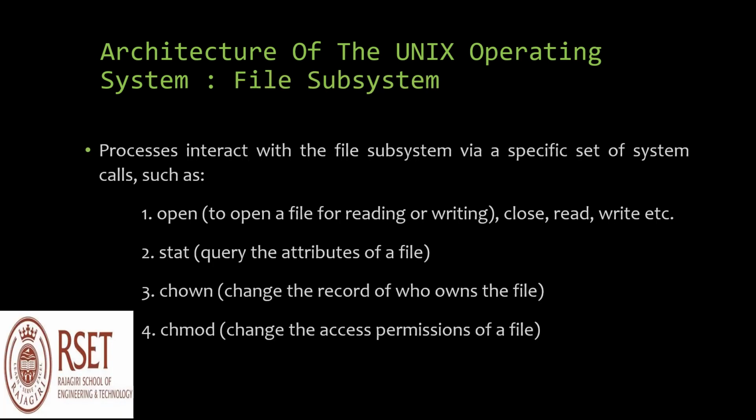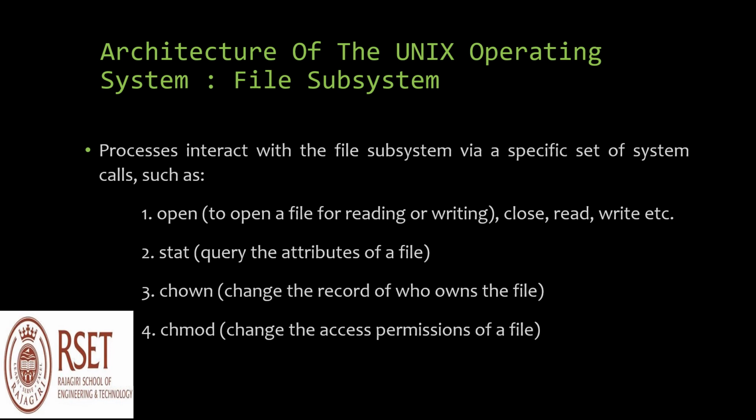Talking about the file subsystem. Processes interact with the file subsystem by using a set of system calls like open to open a file for reading or writing, close for closing the file, read for reading from a file, and write to write to a file.